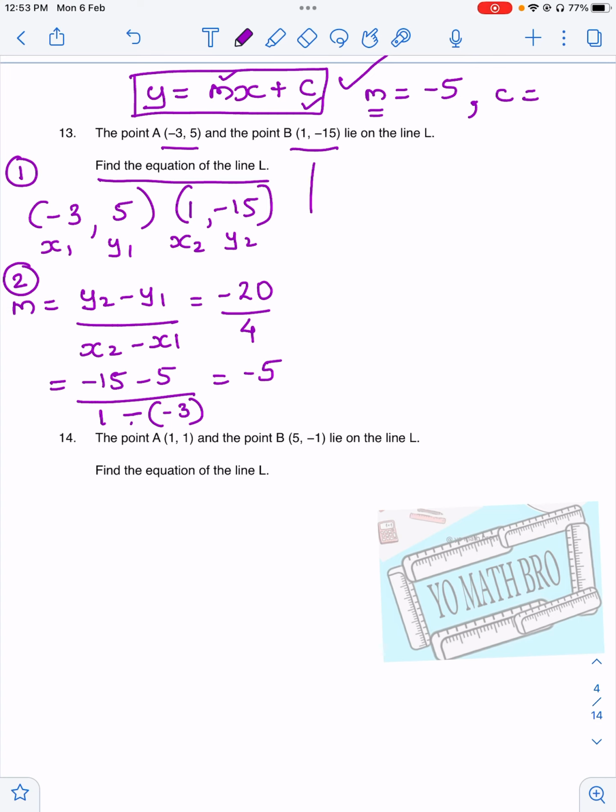Now comes the third step. What I do, I divide this page into two parts. This is the third part. Please listen to it carefully. What I do now, I write the equation for the first time: y is equal to mx plus c.